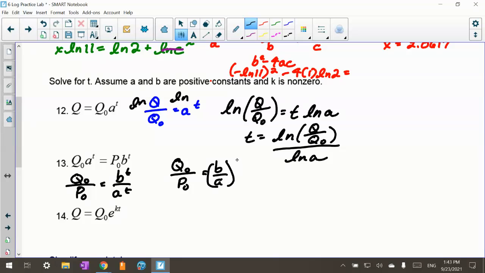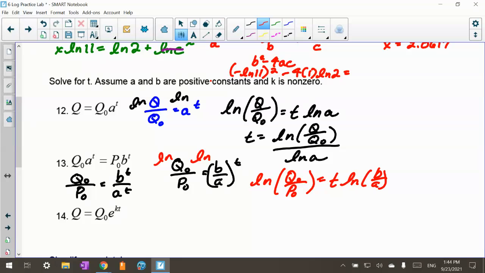Now you could have gone the other way. Now I'm going to natural log both sides. So I have the natural log of q sub 0 over p sub 0 equals t natural log of b over a.